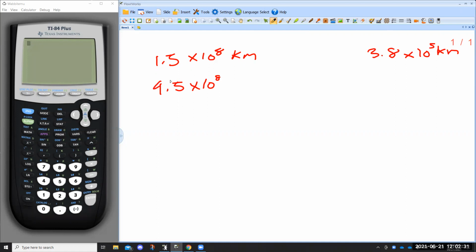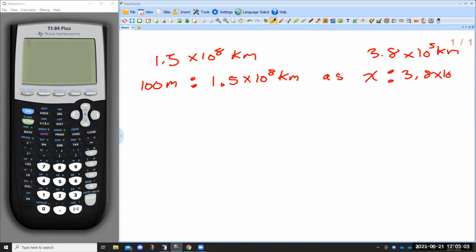And 100 meters is the small part. So 100 meters is to 1.5 times 10 to the 8th kilometers as what is to 3.8 times 10 to the 5th kilometers.